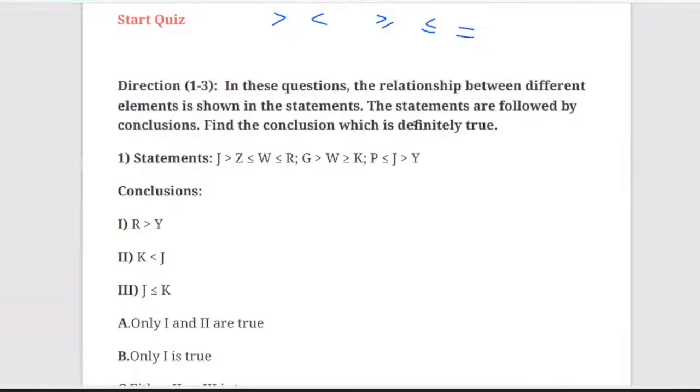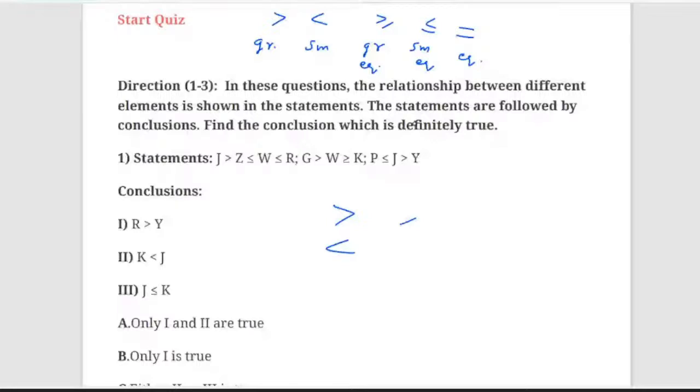Now, this is called greater than, this is smaller than, this is greater than equal to, this is smaller than equal to, and this is equal to. Now, we write like this: greater than, smaller than, greater than equal to, smaller than equal to, and equal to.